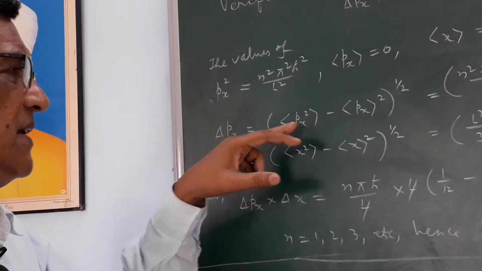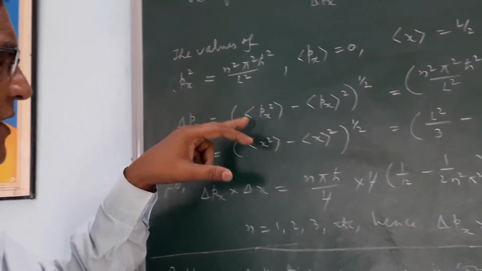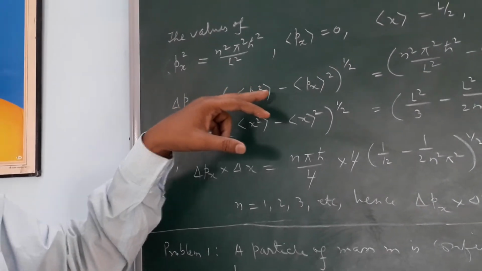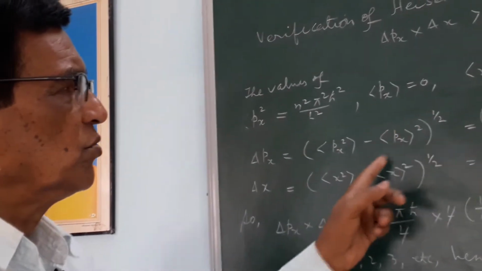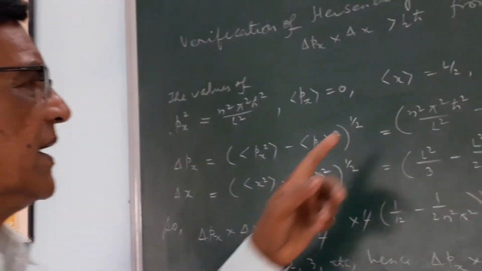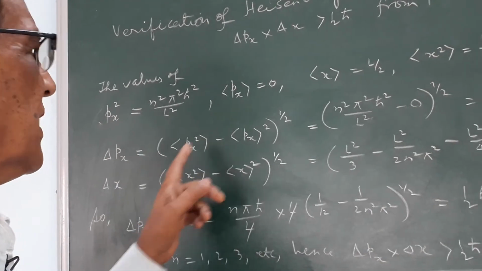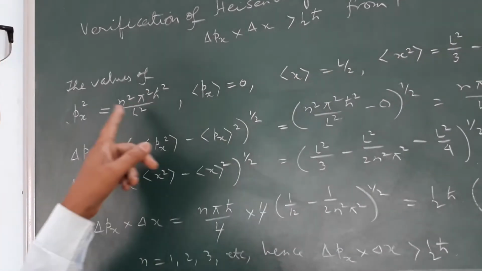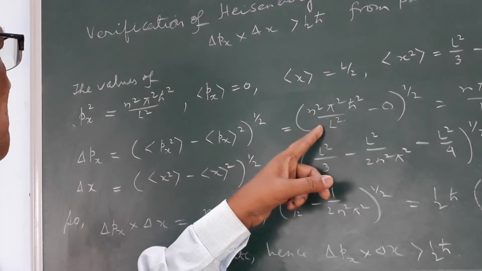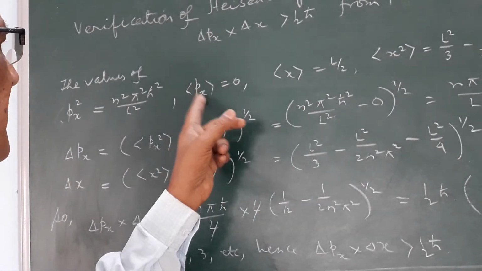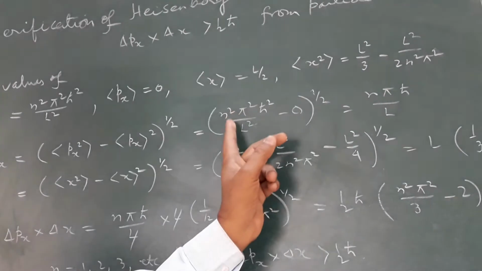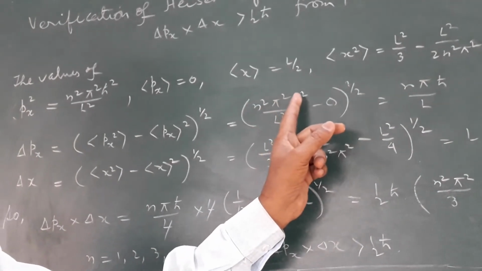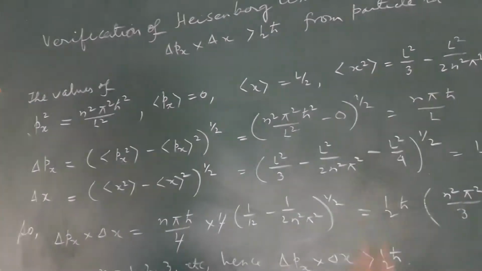It is the average of Px square minus the square of the average, and the whole to the power half. Writing this one, this Px square equals this one and this is 0, so taking the square root, this will give n pi h cross divided by L.